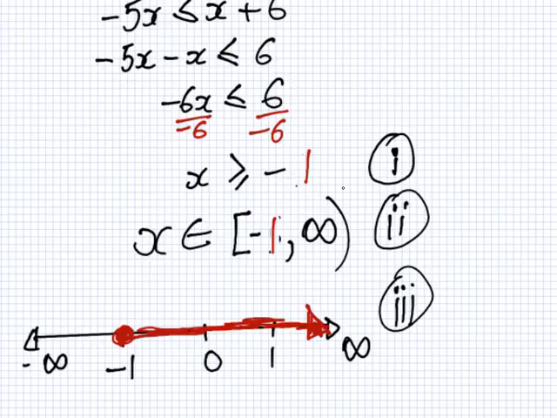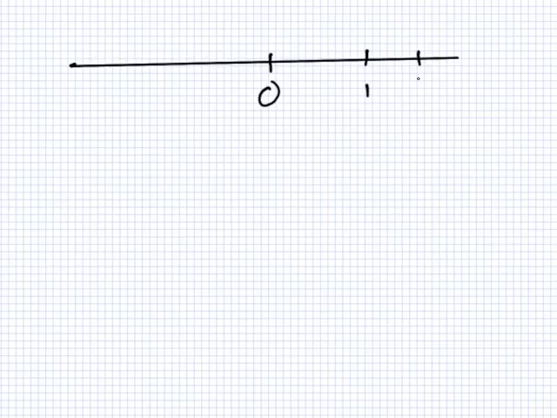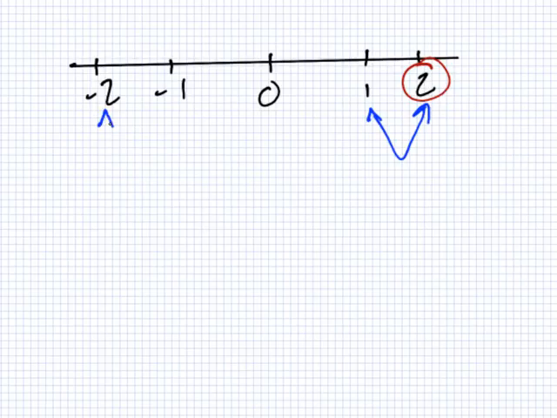Okay. Question. Yes. Why did we change the inequality? Good question. So, why do you flip the sign around when you multiply or divide by a negative? So, for example, here's our number line. 0, 1, 2, minus 1, minus 2. Which is bigger between 1 and 2? Well, of course, 2. And which is bigger between minus 2 and minus 1? Minus 1.